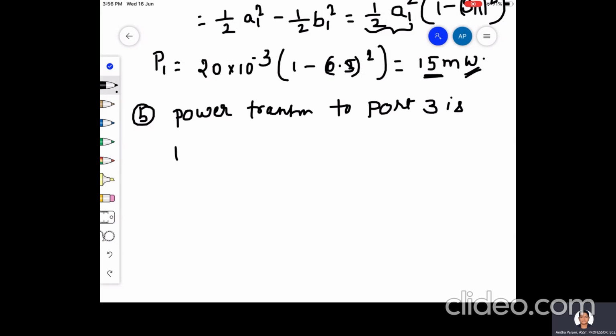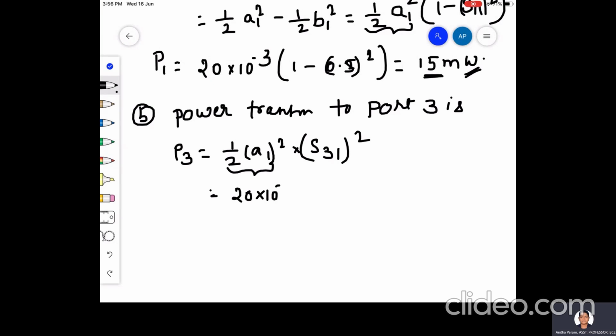The power transmitted to port 3 is half A1 square, the incident power, multiplied with the coefficient S31 square. This is 20 milliwatts, 20 into 10 power minus 3, and S31 from the S matrix is 1 by root 2 whole square, which is 1 by 2, so 20 by 2, 10 milliwatts of power has been transmitted.